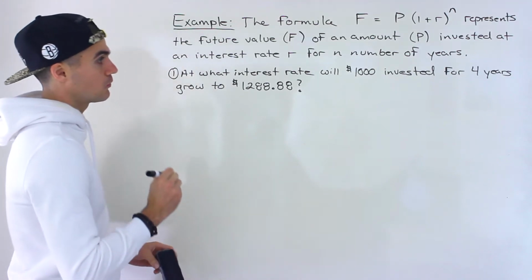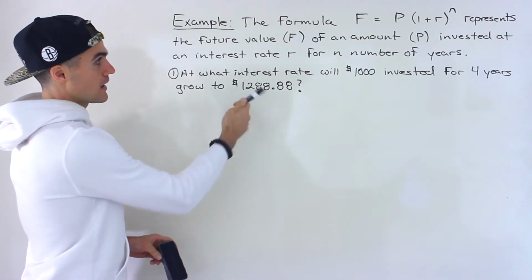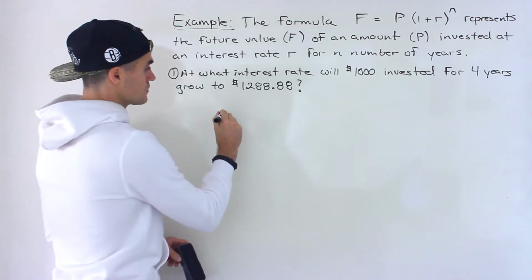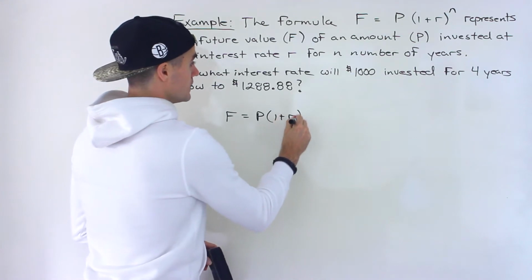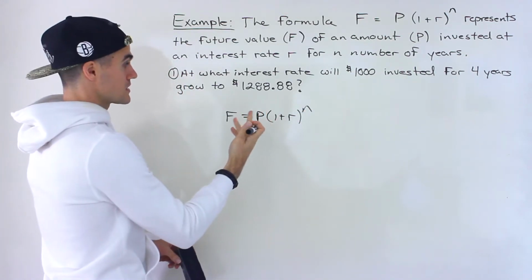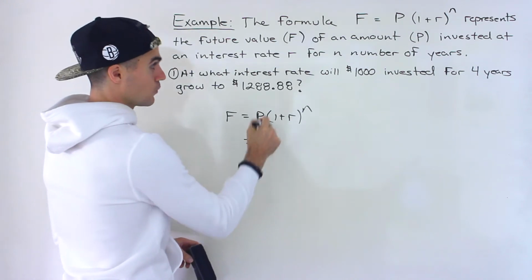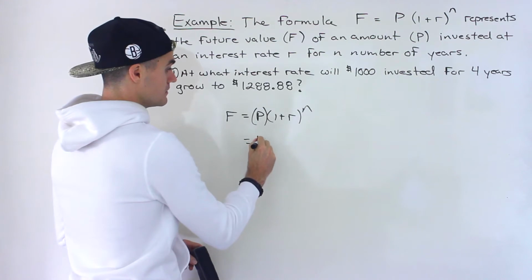At what interest rate will $1,000 invested for 4 years grow to this amount over here? What we would do using this formula is just plug in everything that we are given in this scenario. We know we're investing $1,000, so that's the amount invested today.